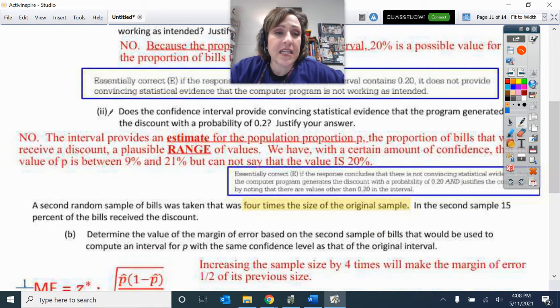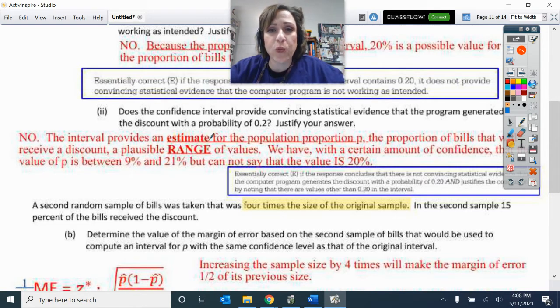Now, next, does this interval provide convincing statistical evidence that the program generated the discount with a probability of 0.2? So it's basically saying, does it mean it is 0.2? And that's no. That's like saying the null hypothesis is true, which we can never say. So the interval is just an estimate from 0.09 to 0.21.